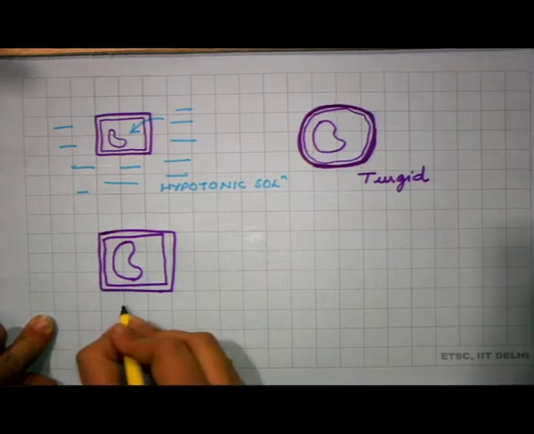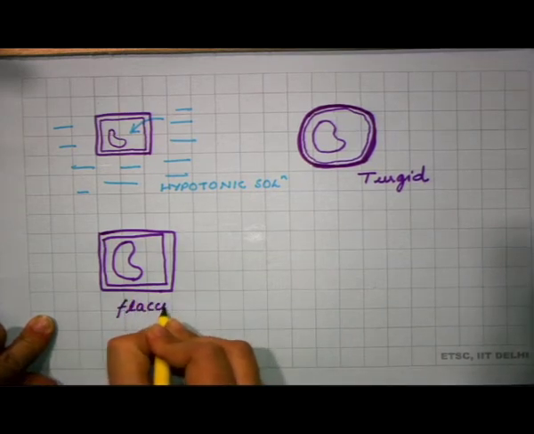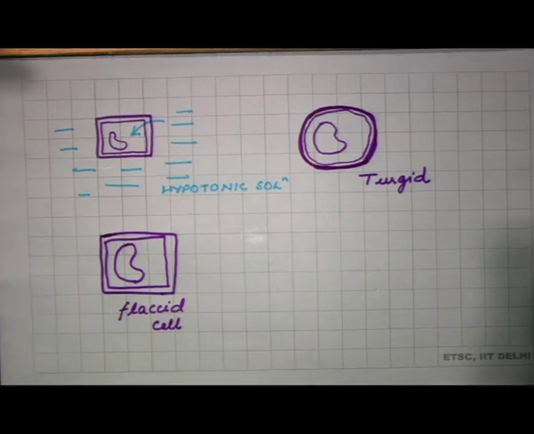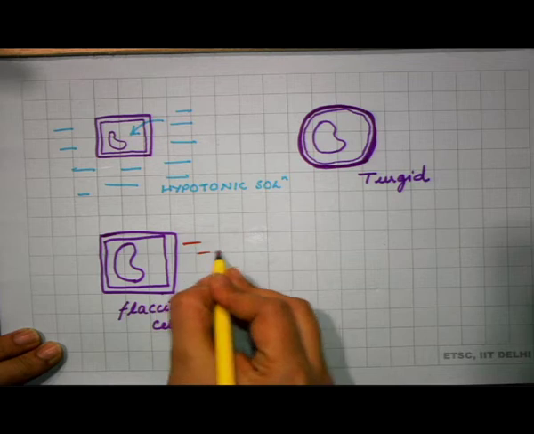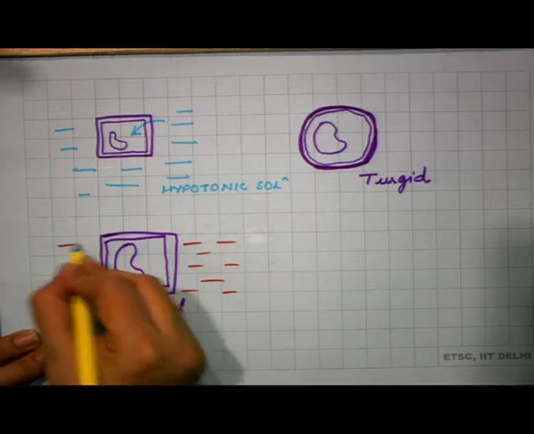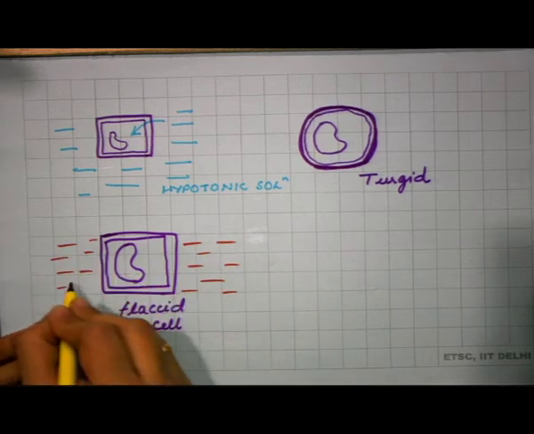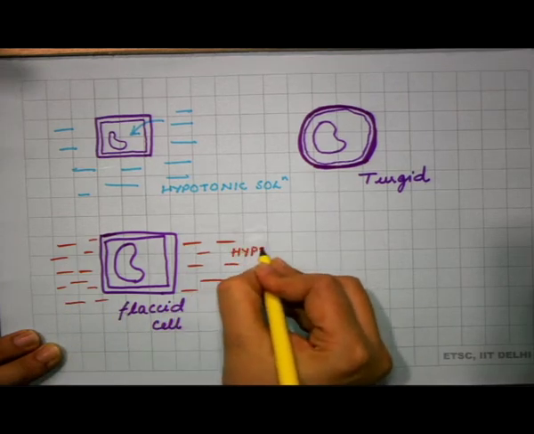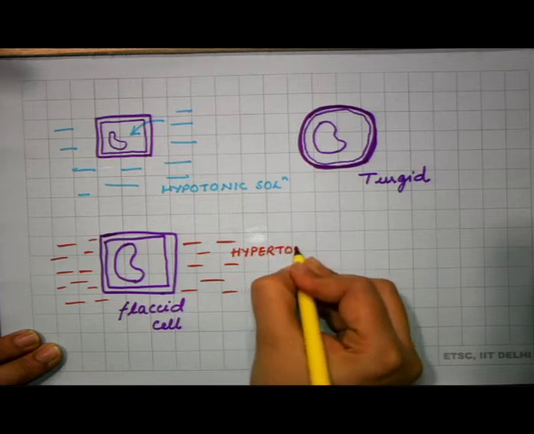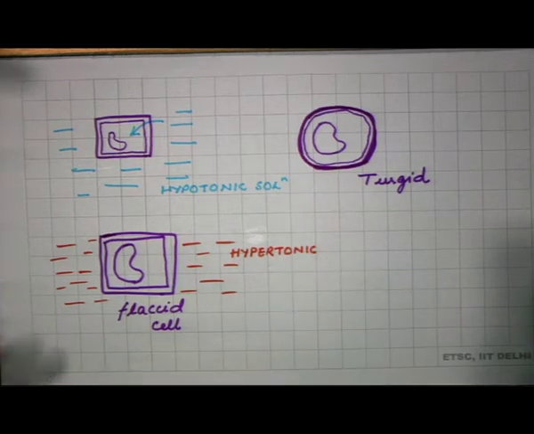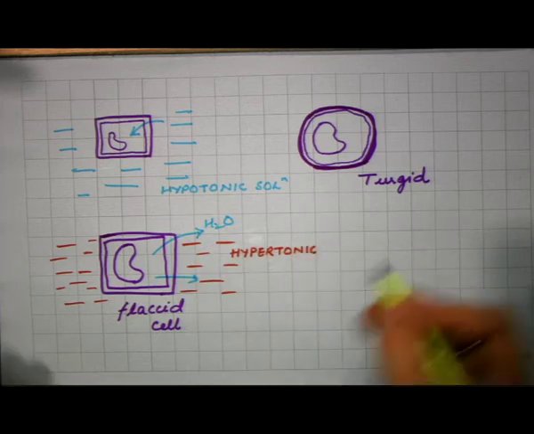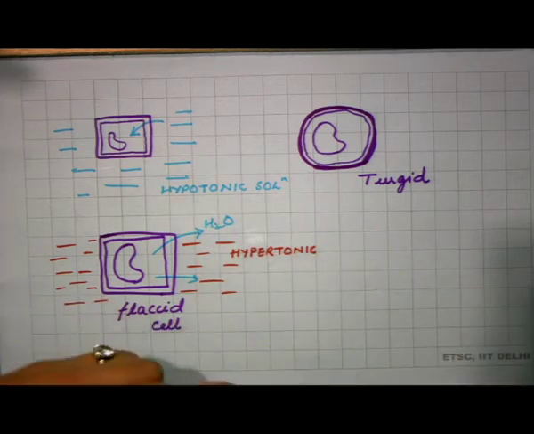Suppose this is a normal flaccid cell and it was put in a hypertonic solution with a lot of solutes, that is, the solute concentration is high. What will happen? The water will start moving out. After a while, the cell will look something like this.